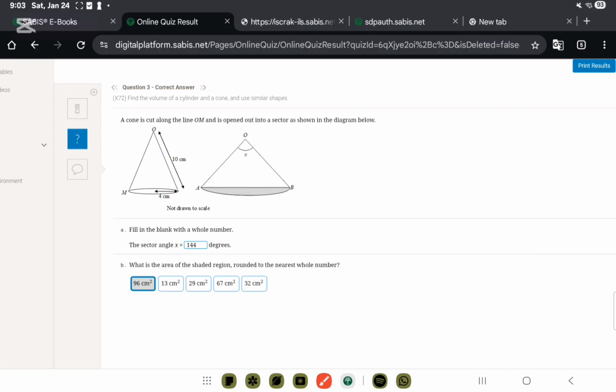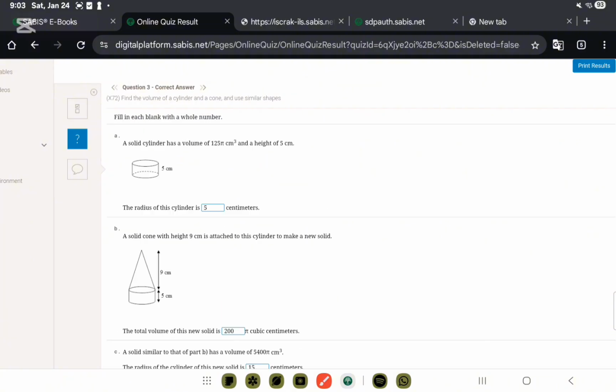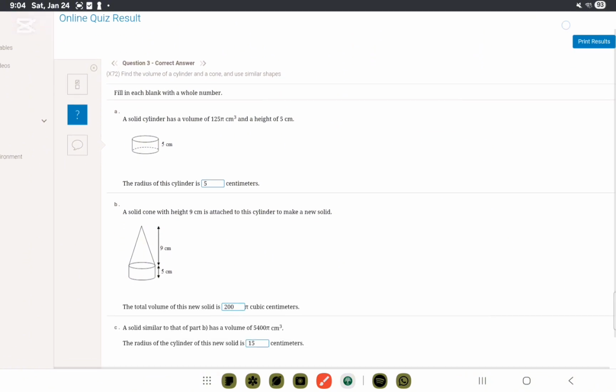Next one. Okay, this is not that bad. The first thing you need to know is that the volume of a cylinder is pi r squared h, and it is equal to the volume.